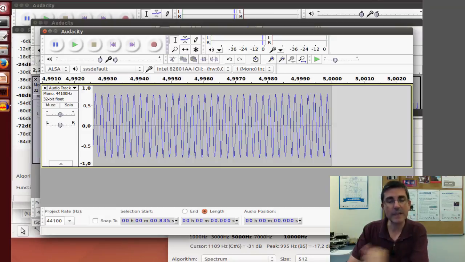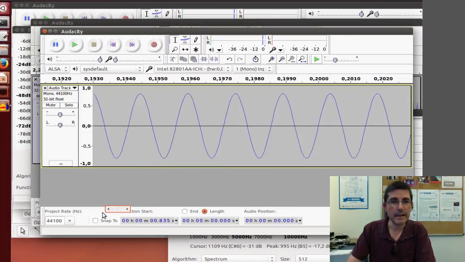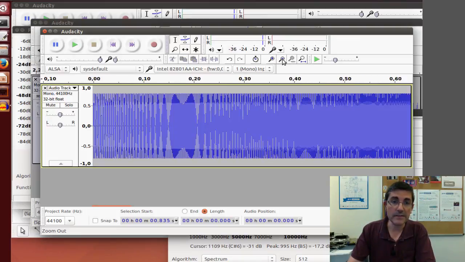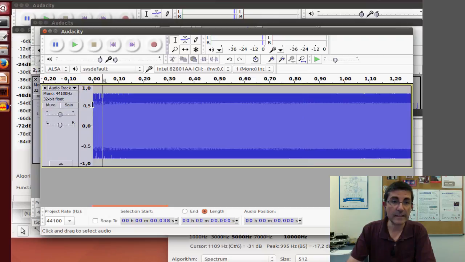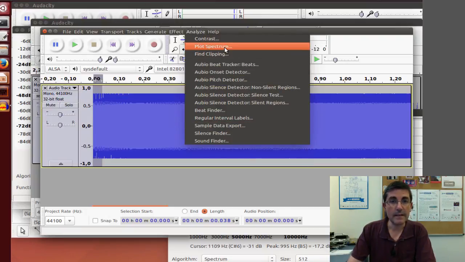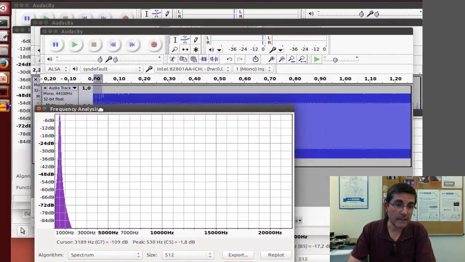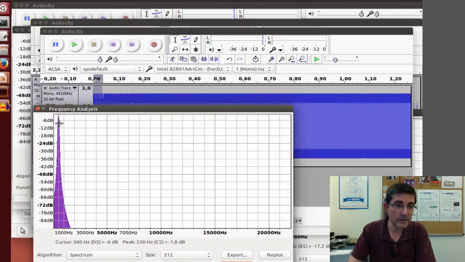It will be 10 times smaller. And of course we can visualize that by analyzing the spectrum of this signal. If we select a portion at the beginning and analyze the spectrum, we will see that it has around 500 Hertz frequency.